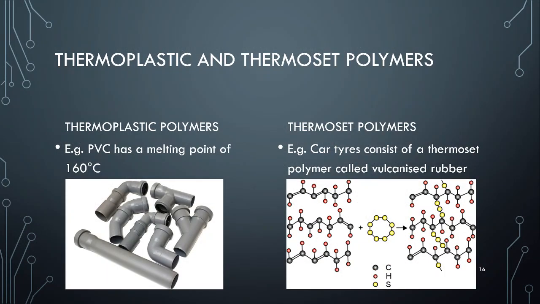I'll show the image there. So on the left, you can see PVC pipes in different shapes, and if you want to remold or reshape it, you can just heat it up and do that. Whereas for car tires, you can see sulfur chains happening between the chains. So those cross-links that are happening there make the rubber highly resistant to wear and tear.